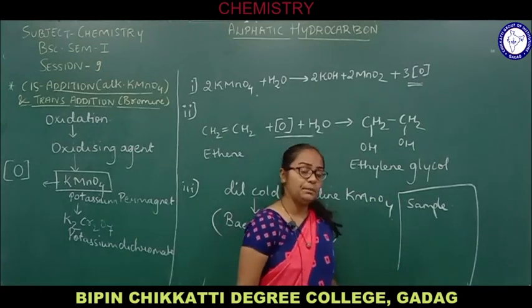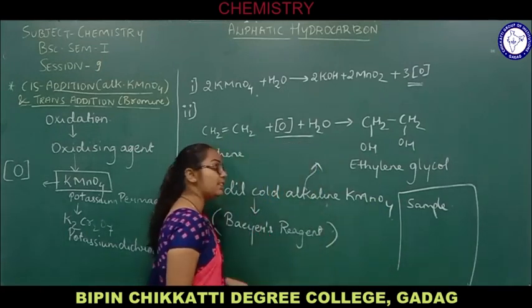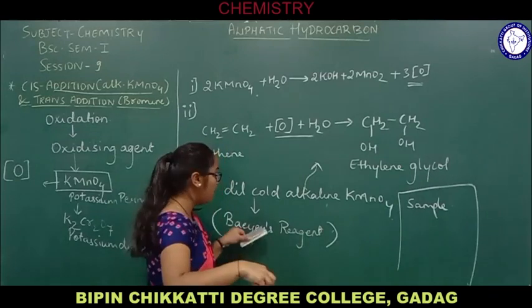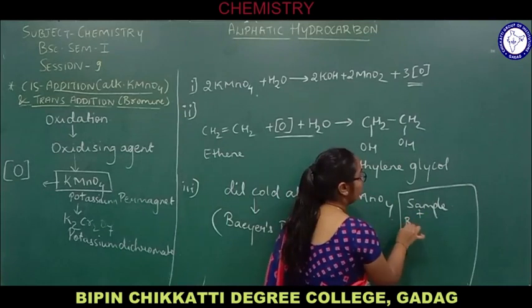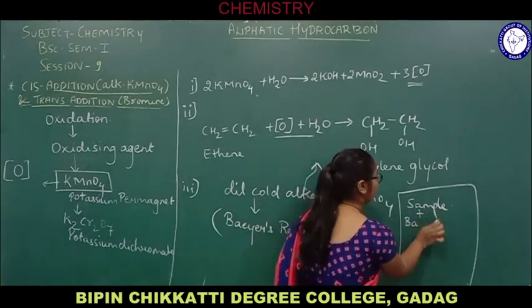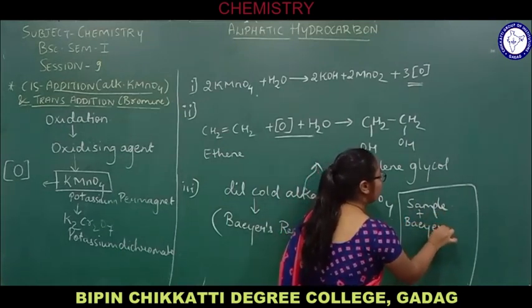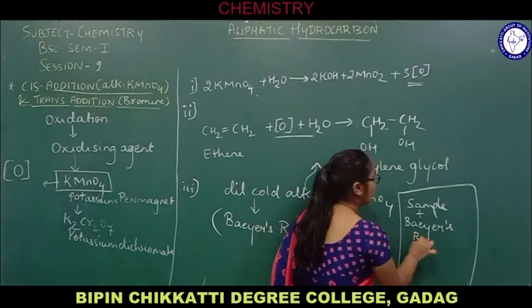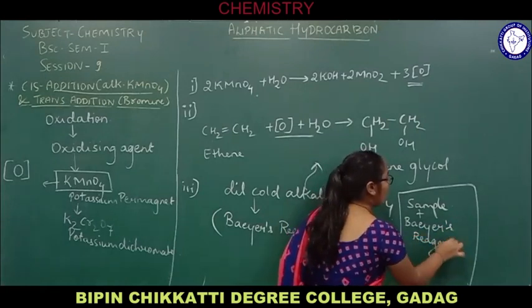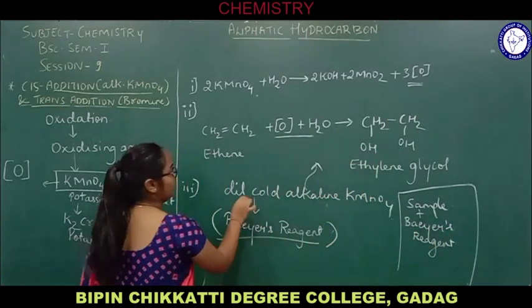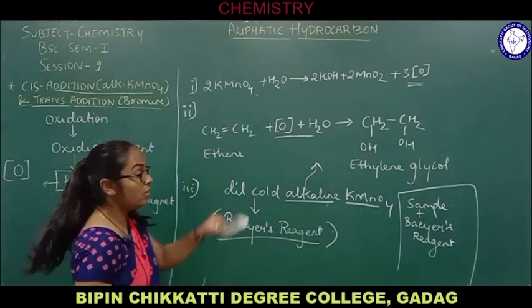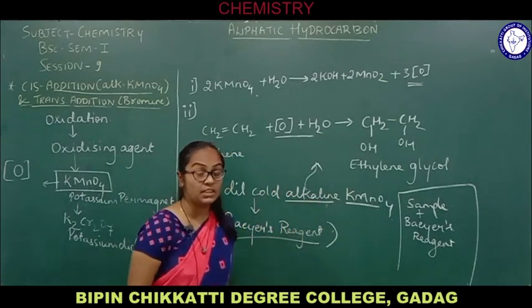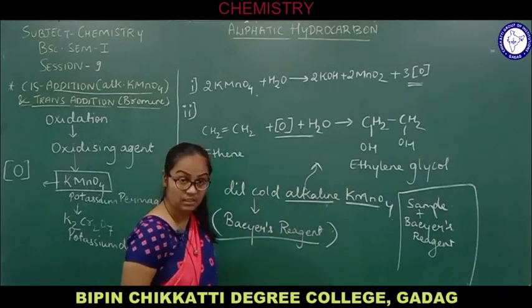So when you treat that sample with the Baeyer's reagent, now what does the Baeyer's reagent contain? It contains cold alkaline KMnO4, present in the alkaline medium.